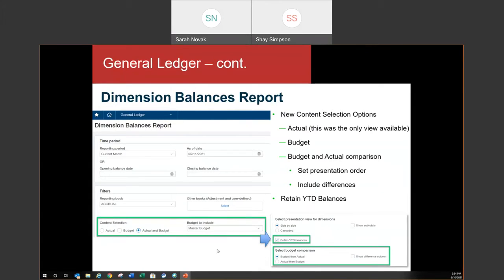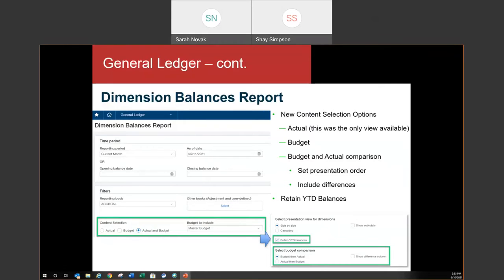And for our budget comparison, do we want to have budget then actual or actual then budget? If we also select this difference column, obviously it's going to flip those signs whichever direction to show it as a positive variance and or a negative variance.